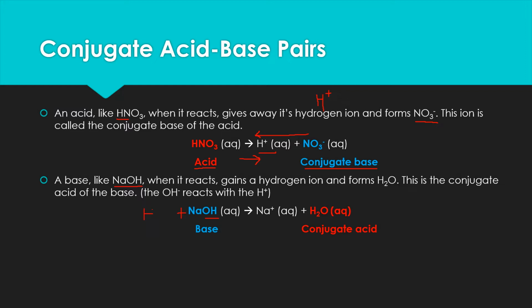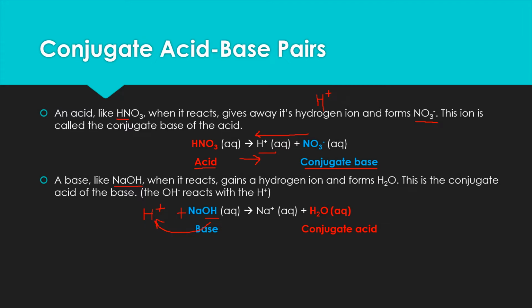So our base has to gain a hydrogen ion. Sorry, I was missing that part. And our hydroxide and our hydrogen make water, and that is our conjugate acid. So the hydroxide is the part that's gaining the hydrogen, so that forms our conjugate acid.